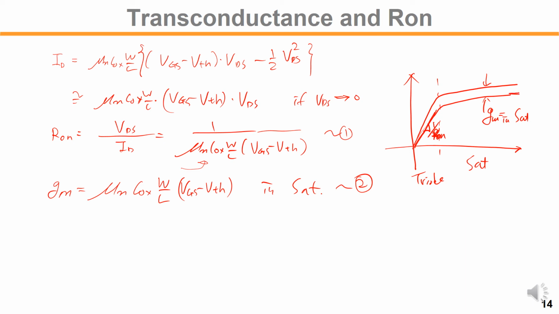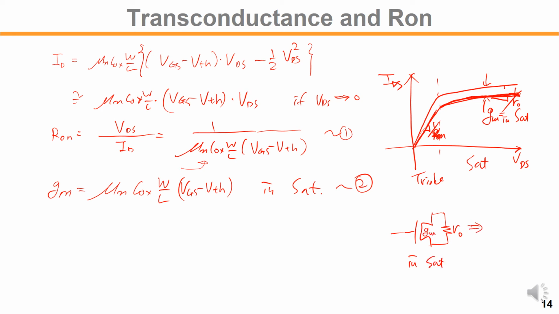If this device is in saturation, then we get the GM transconductance and its output resistance. So here is RO; the slope of that is 1 over RO in saturation, and we have the GM of this guy.